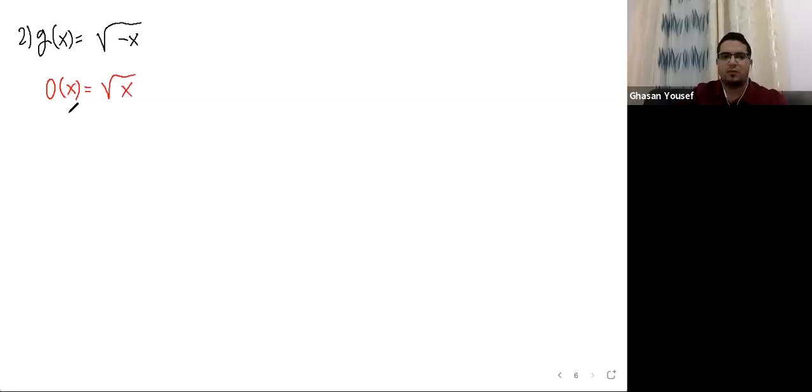Nice. Now, what I have to do to modify these things, the red one, we have to modify the original function to make it similar to this. What we should do? We need here to make it negative x, and we have to do something for this to make it negative x.